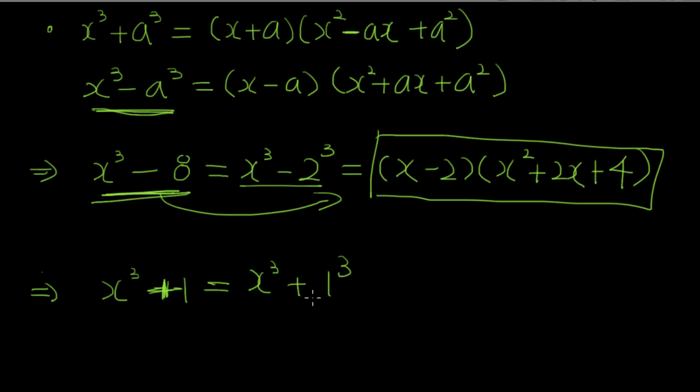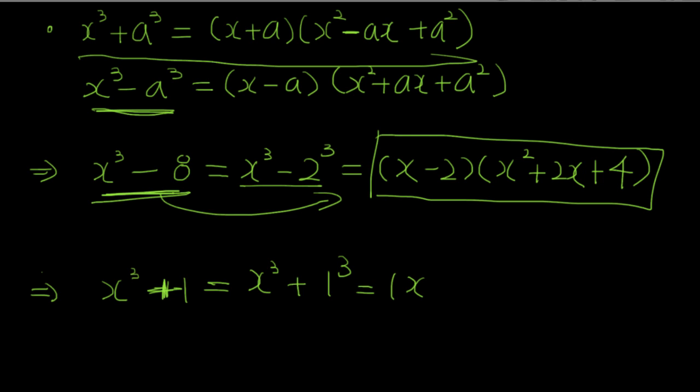So you can think of this as x to the cube plus 1 to the cube. Then we can rewrite this. What's our a this time? I'm going to apply this formula, because it's in that format.